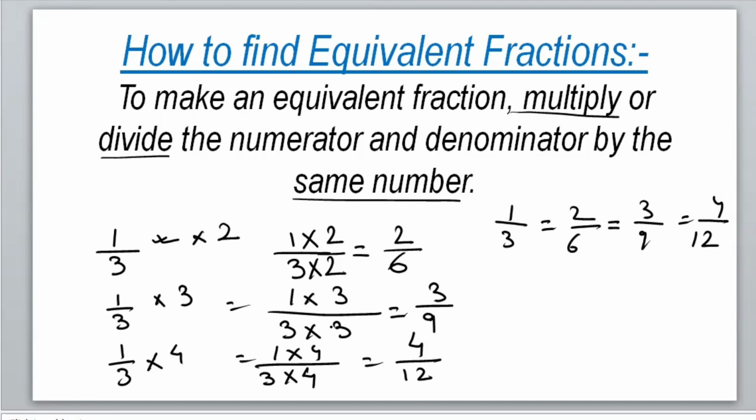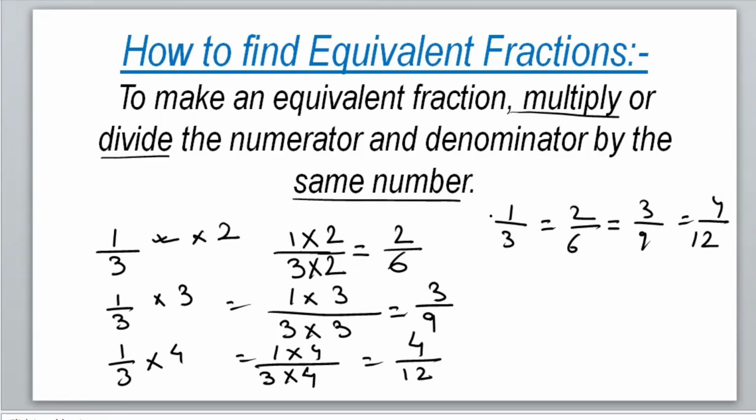Understand? So how do we find the equivalent of a fraction? Here we are using multiplication to find the equivalent fraction. If we are multiplying with any number, we have to multiply the numerator as well as the denominator, or you can say multiply with the same number up and down, both.